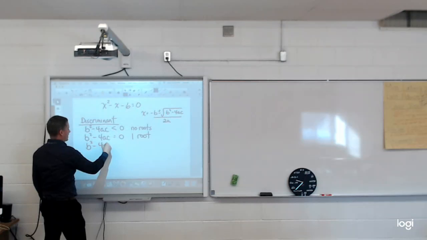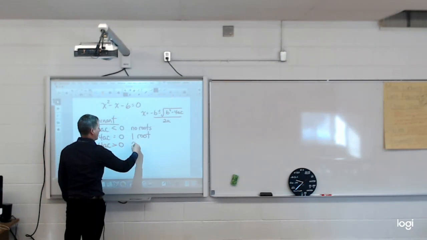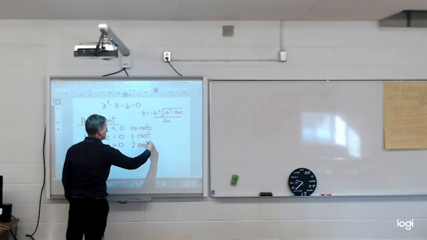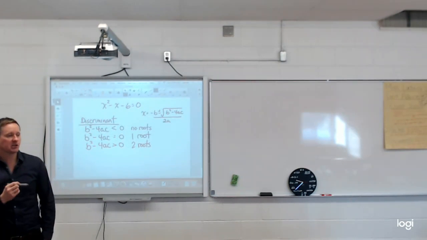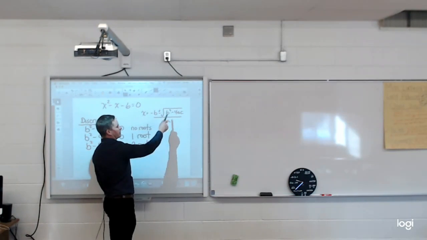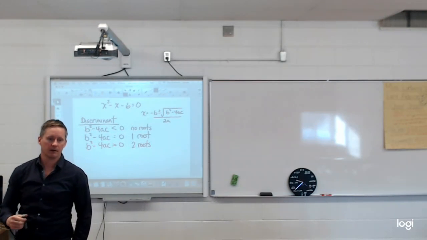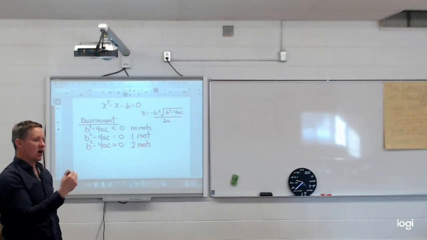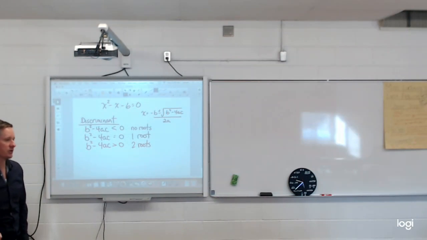If b squared minus 4ac is greater than 0, I'm going to have 2 roots. Now, if it works out to a perfect square, I have what we call 2 real roots. If it's not a perfect square, like the square root of 5, I would have 2 irrational roots.